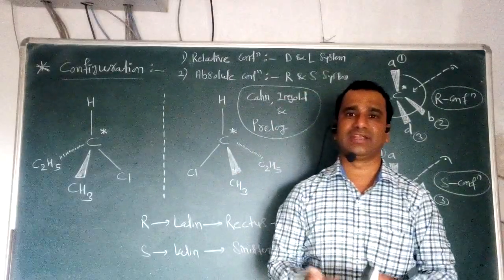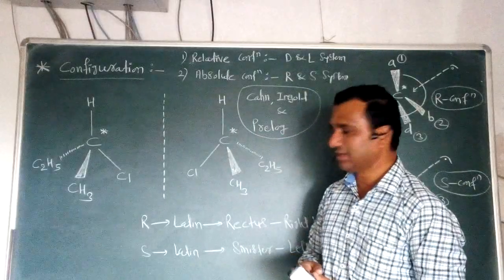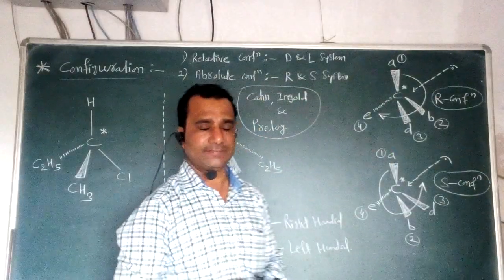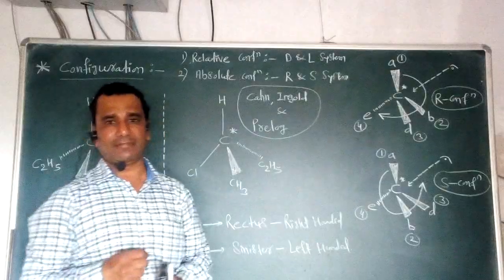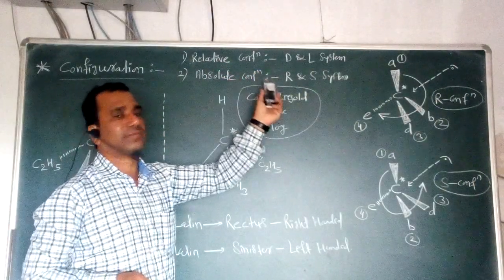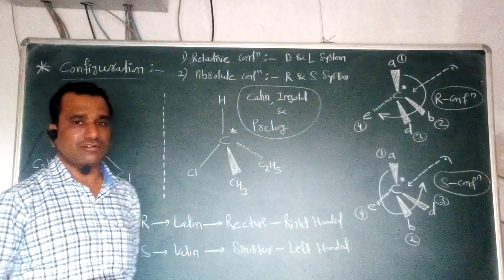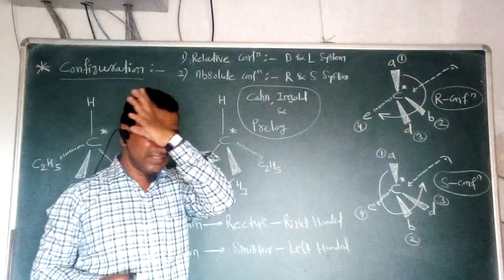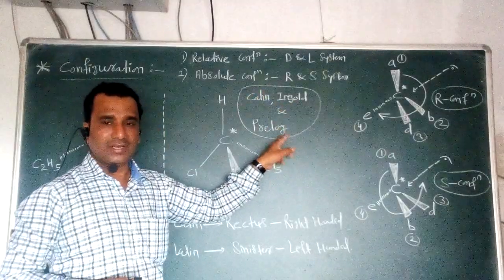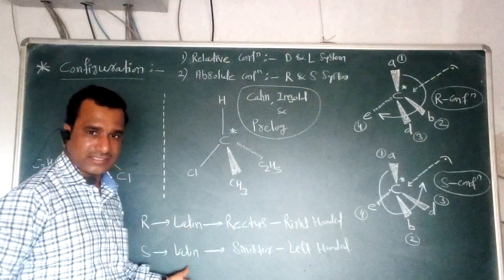For this purpose, we take the help of the definition of configuration. There are two different types of configuration: one is relative configuration, the second is absolute configuration. First of all, we consider absolute configuration, which was proposed by three scientists, Cahn, Ingold and Prelog. It is classified into two types, R configuration and S configuration.